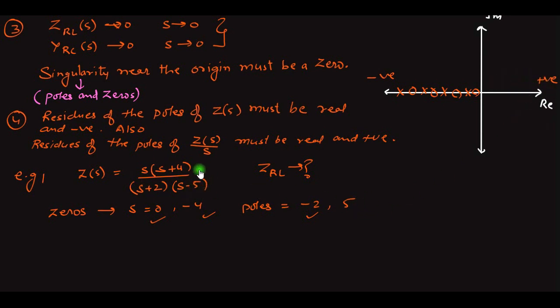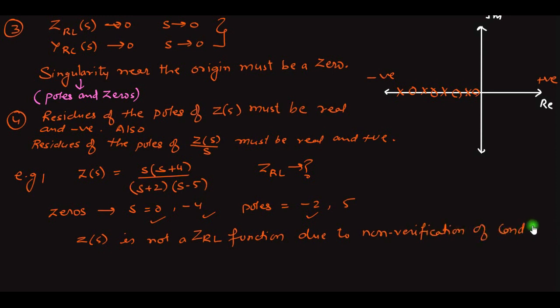So the given function cannot be a RL function. So Z of S is not a ZRL function due to non-verification of condition 1.